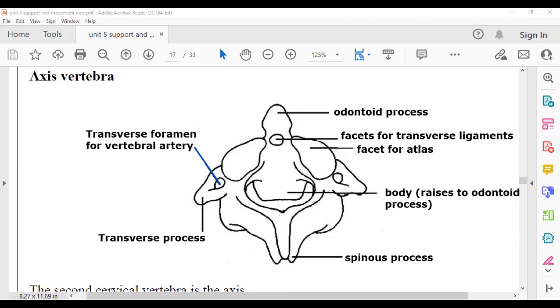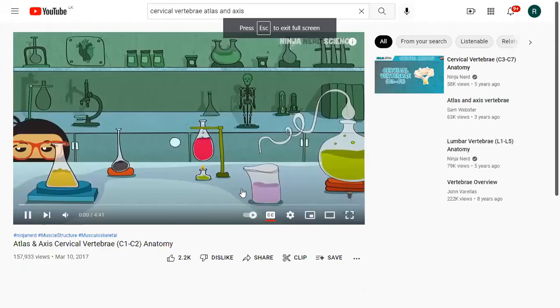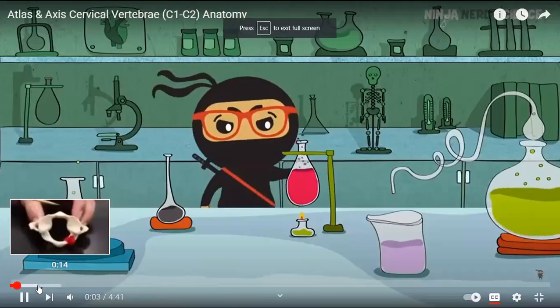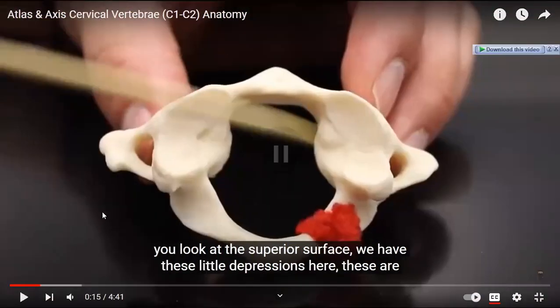Now let's have a look at the two vertebrae, the atlas vertebra and the axis vertebra.